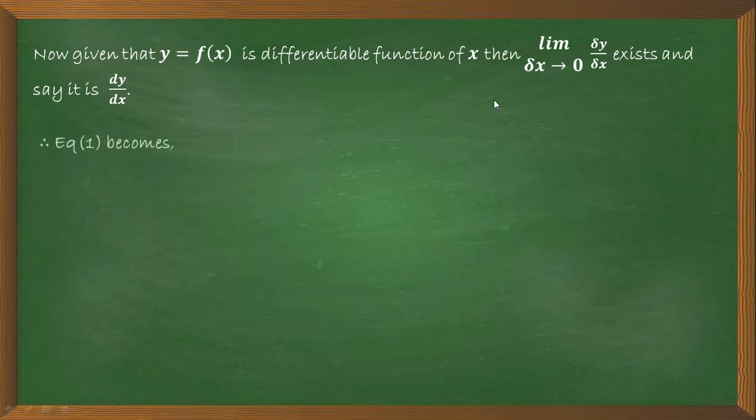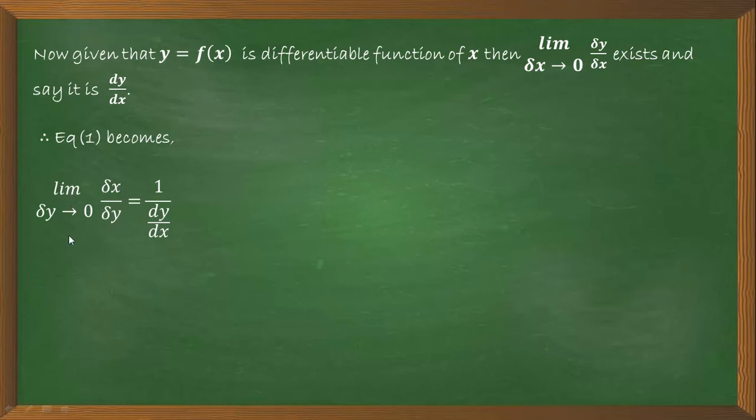So equation number 1 becomes: the left hand side remains as it is, and it is equal to 1 upon dy by dx. Just a replacement here, you replace that limit as dy by dx.